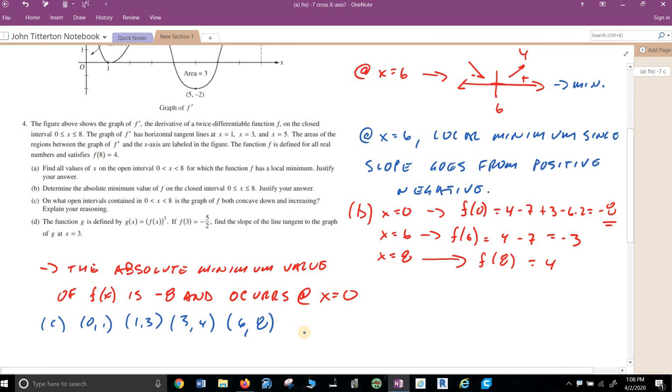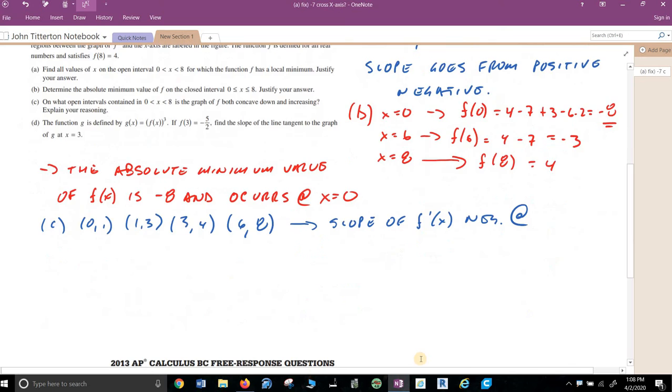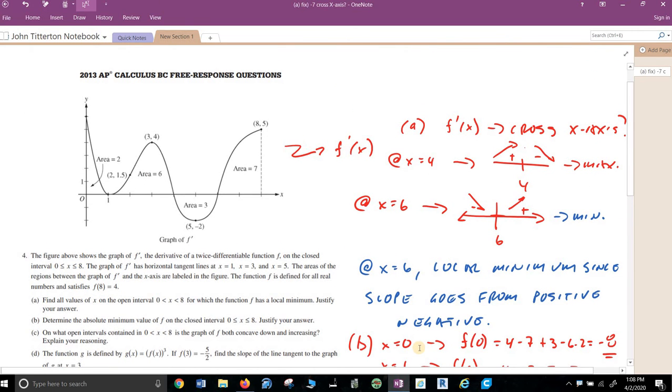Now, they want concave down, so the slope of the second derivative is negative. So the slope of the first derivative, slope of f prime of x, is negative at 0 to 1 and 3 to 4.